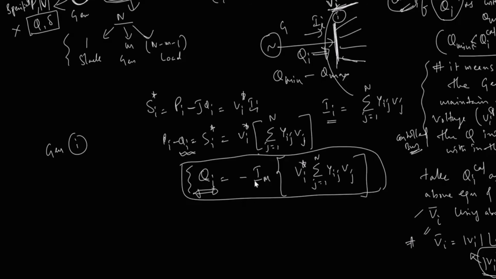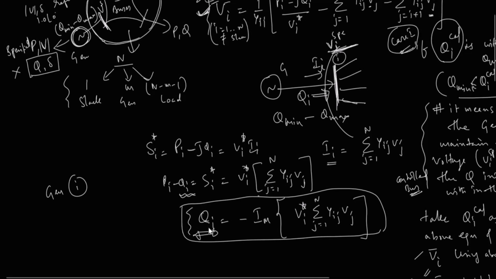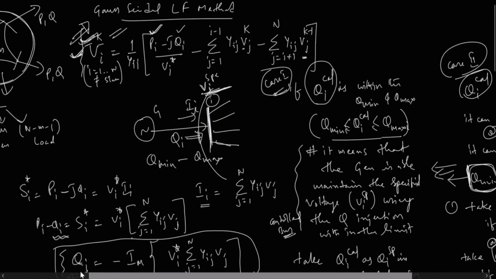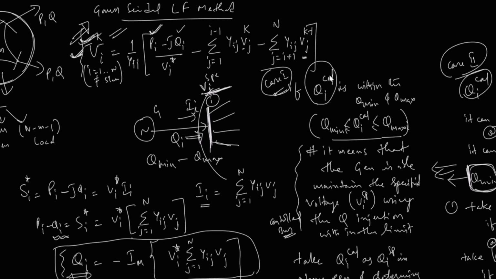After calculating this Q injection, which is actually minus the imaginary part of V conjugate times the current injection, V conjugate into I, this is the net Q injection. I need to correct here that yesterday, after calculating this net injection, I straight away compared this calculated value with the generator's minimum and maximum limits, right?